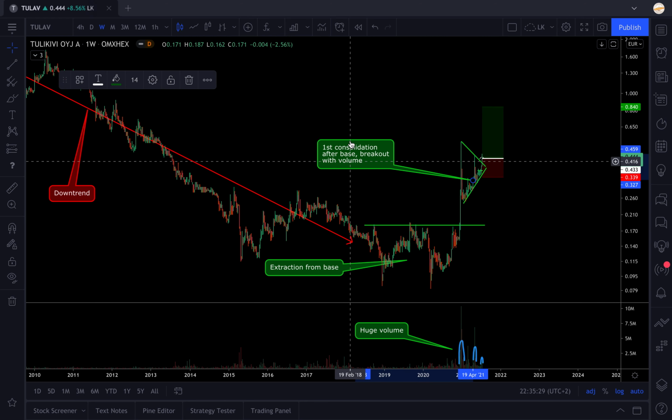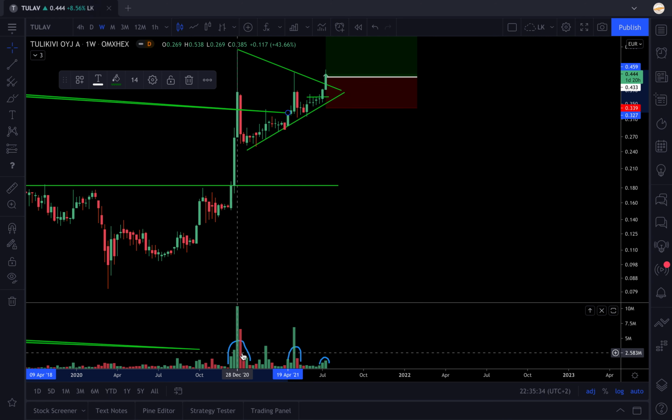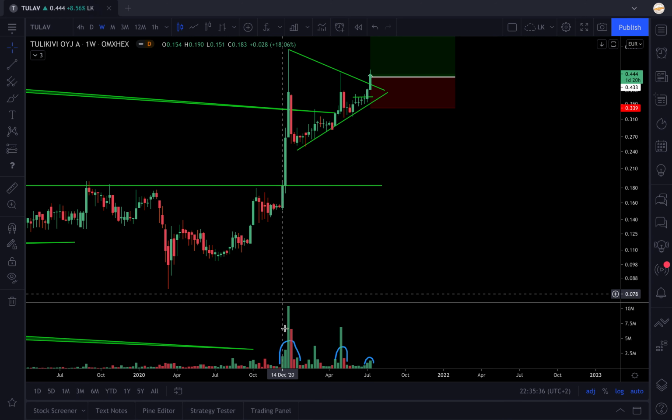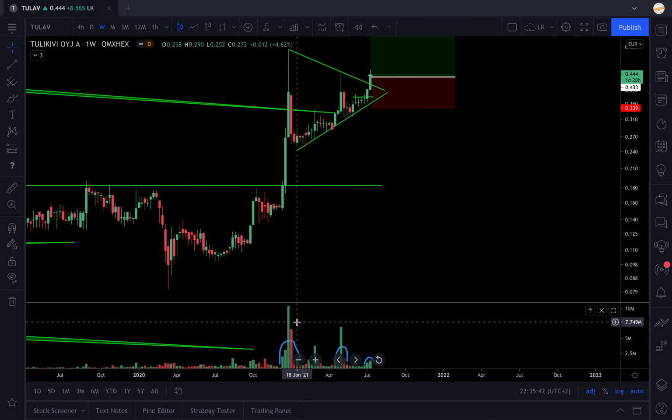And this is just what we have right there. You have the first consolidation after the base with a breakout and with volume. What does the volume mean? It means people are buying this asset. Whatever asset that is, if you see this kind of configuration, it's extremely bullish. Of course, it needs to happen in a bullish environment.